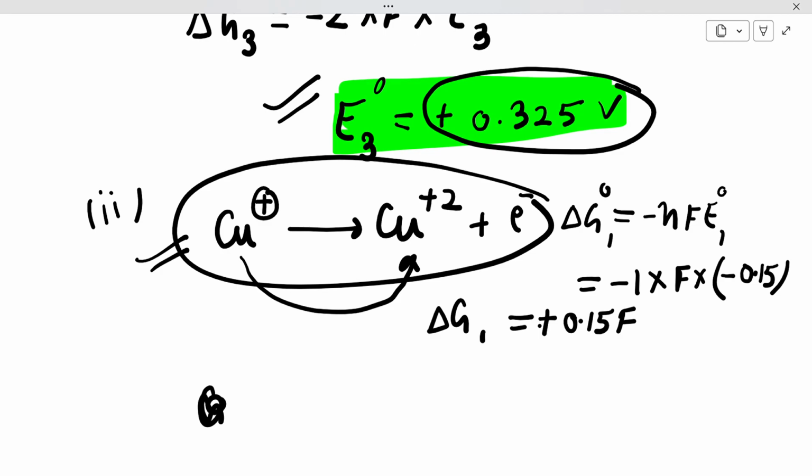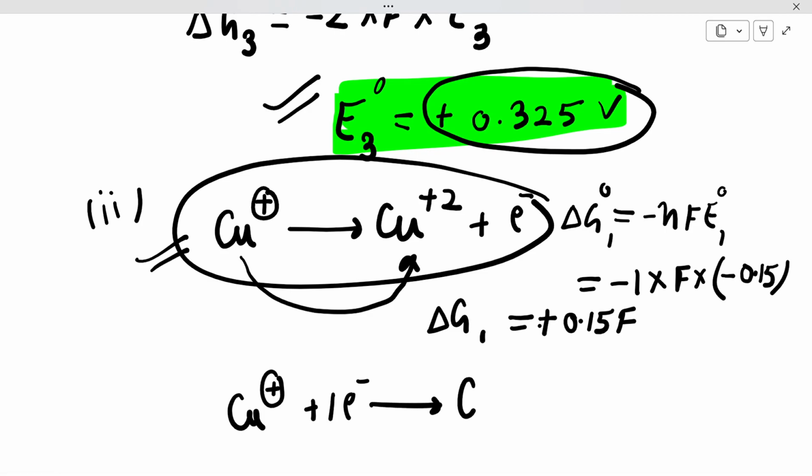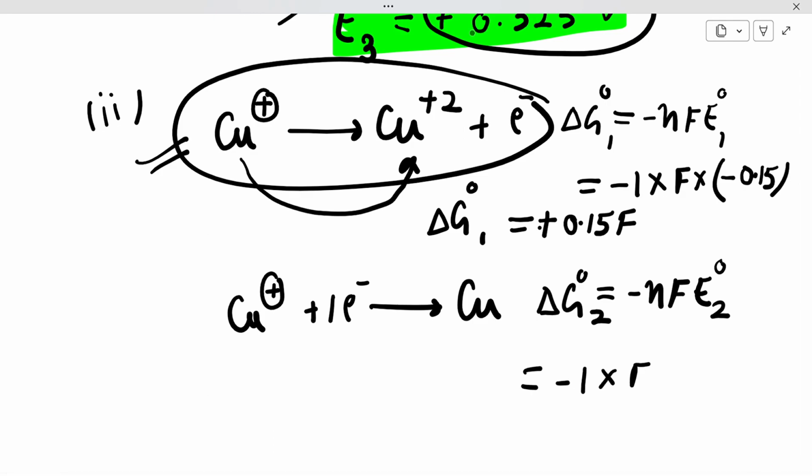0.15 F. Similarly, we have to calculate the delta G for the second reaction. Cu plus 1, accepting one electron, gets converted into Cu. So here delta G naught 2 is equal to minus nFE naught 2.